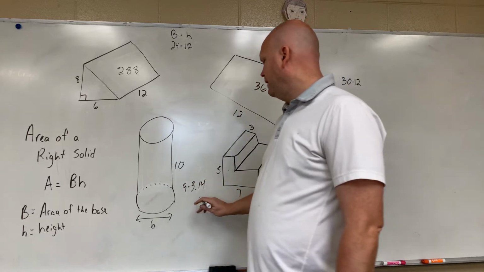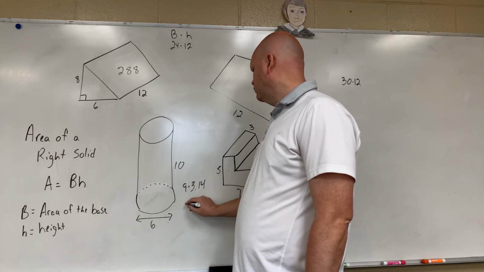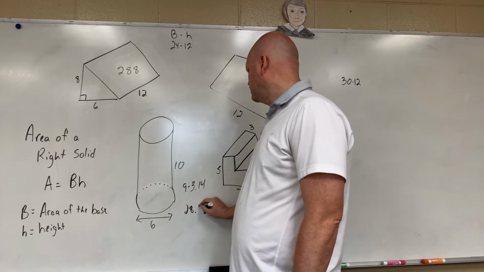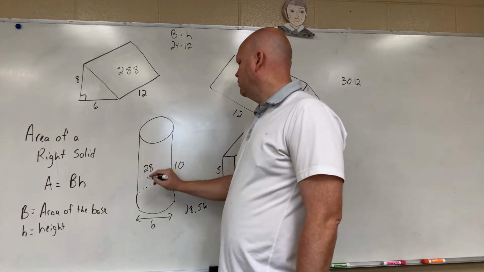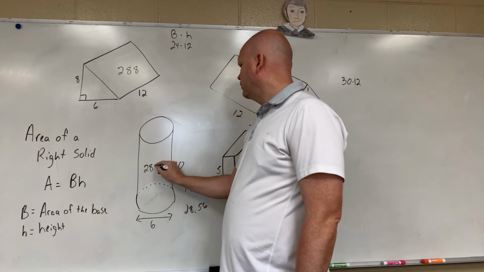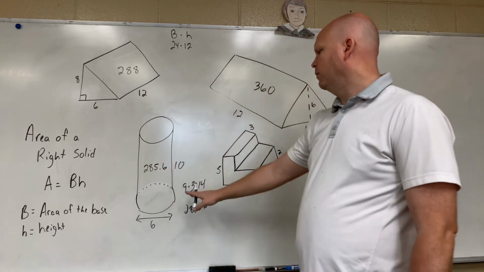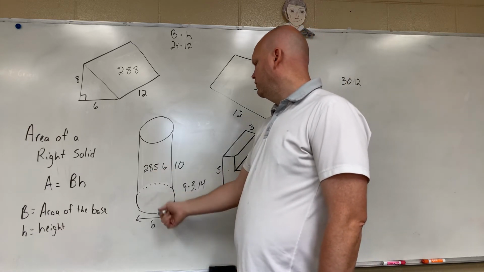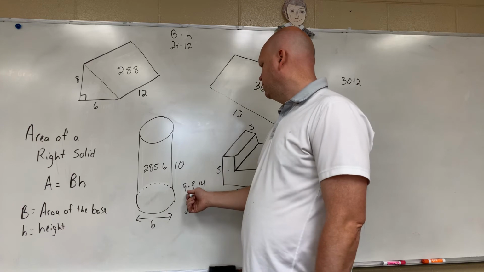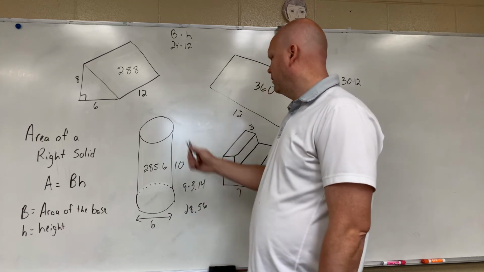Then once we get that number, which I think is 28.56, we multiply that by 10. After we get the area of the base, 285.6. And you can double check my math on that. But we just did the area of the base, which was the pi r squared, 3 squared times pi, and then we multiplied it by the height.